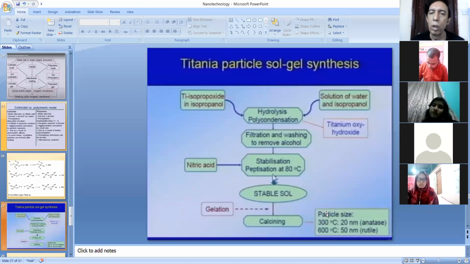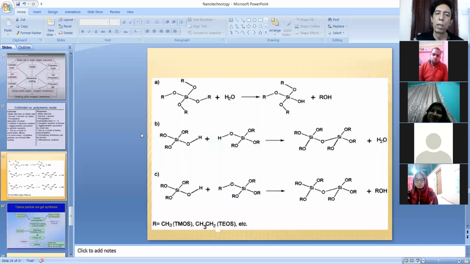How do you prepare titanium dioxide nanoparticles? First you take the precursor titanium isopropoxide in isopropanol and a solution of water and isopropanol. So what you have taken is a precursor, titanium isopropoxide.